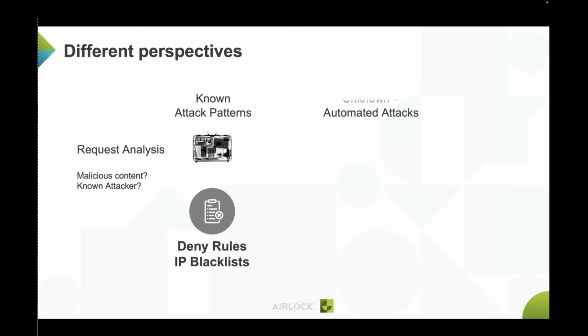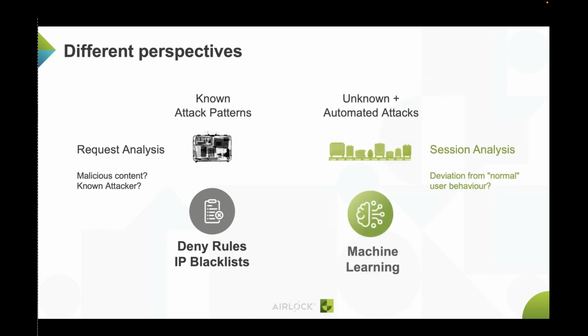Now, with the Anomaly Shield, we extended the reach because we wanted to see whether we can determine unknown and automated attacks. And to achieve this goal, we had to shift perspective. Instead of looking at single requests, we're looking at requests in a session, and we're trying to determine if a session is actually behaving normally, like we would expect from our users, or if it deviates from that normal behavior, and that's what we consider an anomaly.